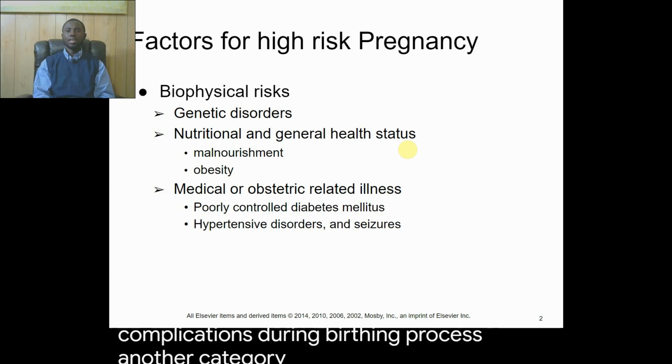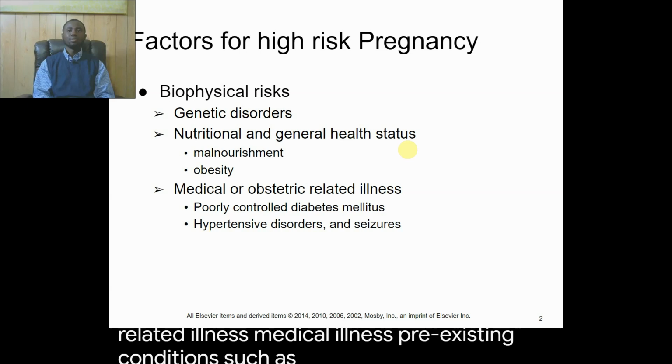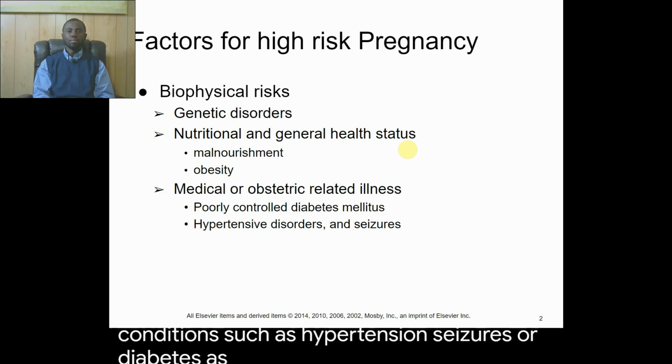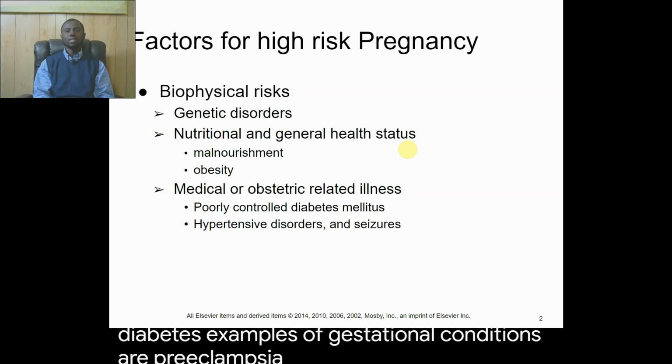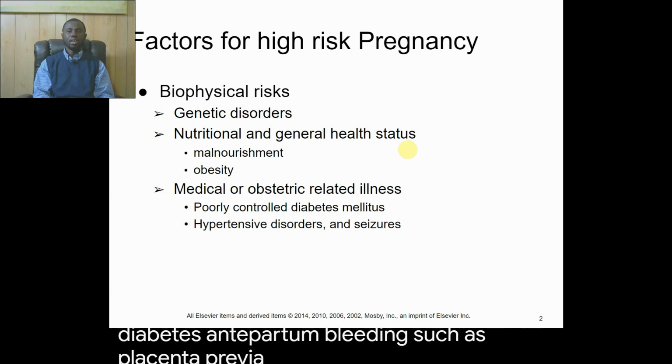Another category is medical or obstetric-related illness. Medical illnesses are pre-existing conditions such as hypertension, seizures, or diabetes. Examples of gestational conditions are preeclampsia, eclampsia, gestational diabetes, and antepartum bleeding such as placenta previa and placenta abruption.